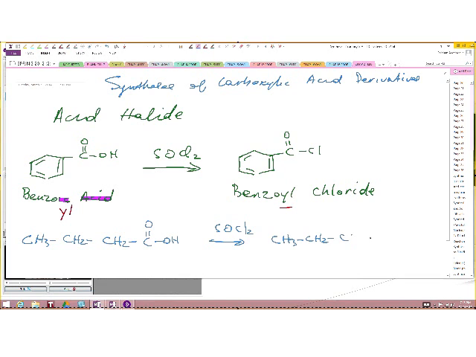Of course, we get this here. So this is butanoic acid. What would be the name of this acid chloride? Butanoyl chloride. Very good.